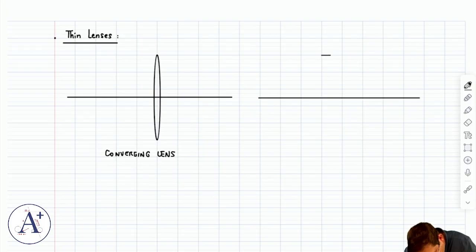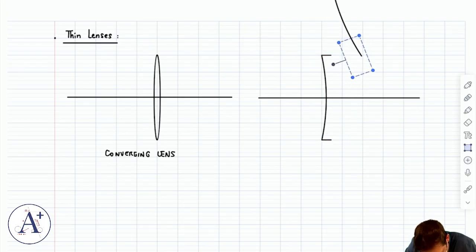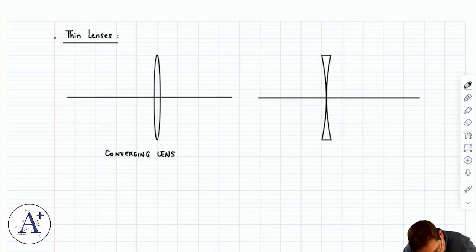Now those are a little bit harder to draw, but humor me here. All right, it would be something like that. That is a diverging lens.